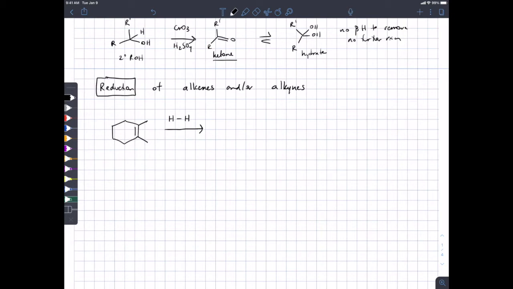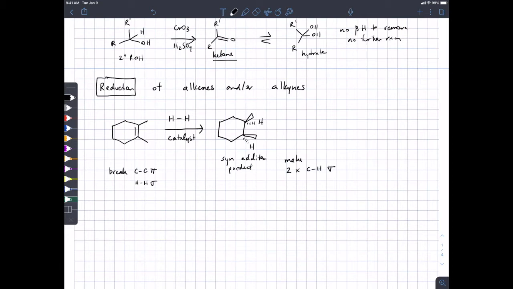If you expose this to hydrogen in the presence of a catalyst, you can form the syn addition product in which you've added hydrogen across the double bond, replacing the carbon-carbon pi bond and the hydrogen-hydrogen sigma bond with 2 new carbon-hydrogen sigma bonds.